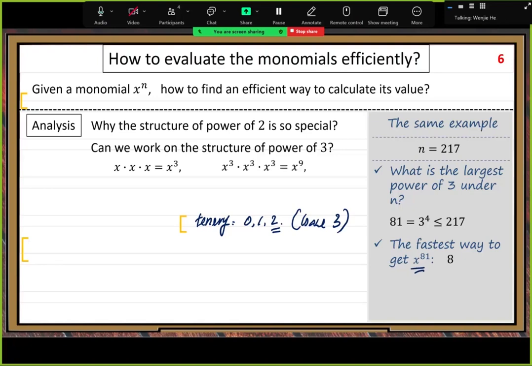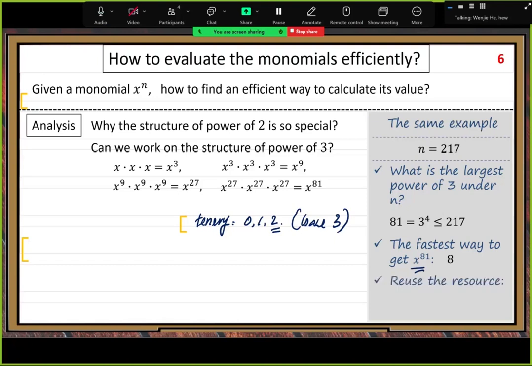Next round, x cubed times x cubed times x cubed, so x to the 9th, another 2 multiplications. Then x to the 9th times x to the 9th times x to the 9th, 2 more. And 2 more. So you do 2 multiplications 4 times. So in total you need 8 multiplications.